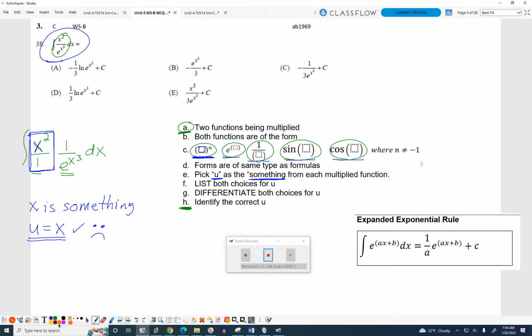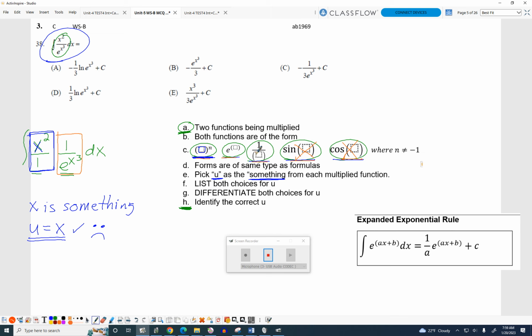We'll go to HT. So HT, this orange function, the second of the 2 multiplying functions, which of these forms? 1, 2, 3. It's not 4 or 5, of course. It's not sine or cosine. Does it fit any of those 3? Definitely fits the third, 2 points.